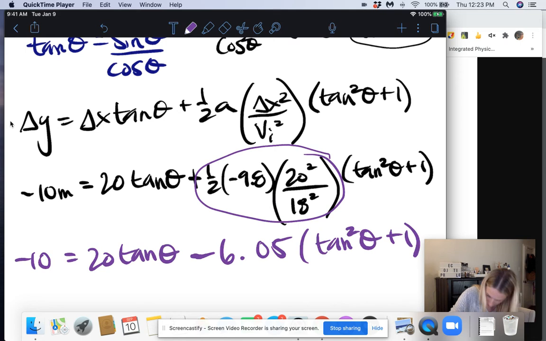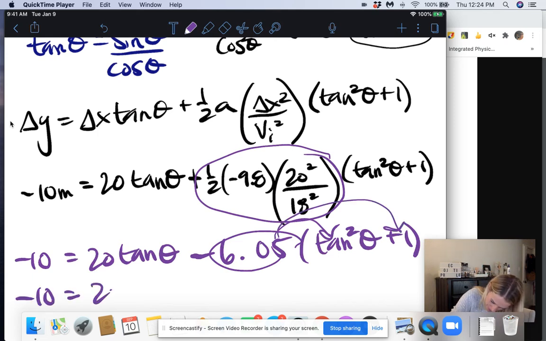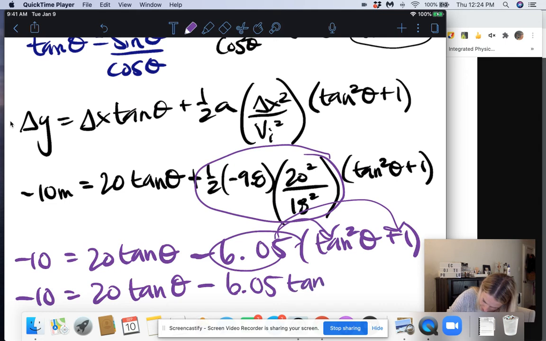So now what I have to do here is distribute this term to both this and this right here. So we get negative 10 equals 20 tangent theta minus 6.05 tangent squared theta minus 6.05. That's a negative, and I'm distributing that negative.